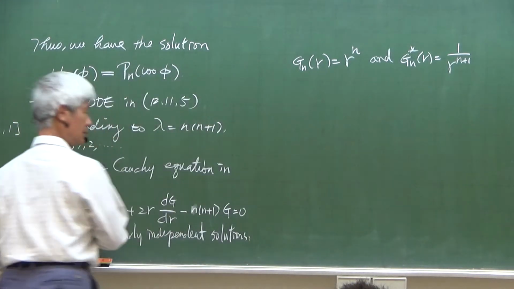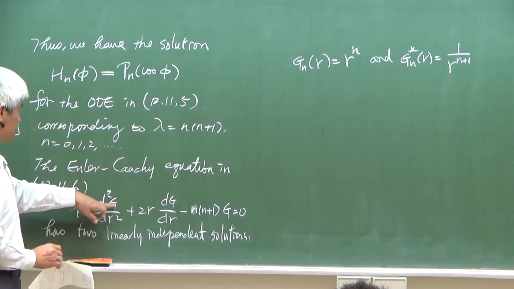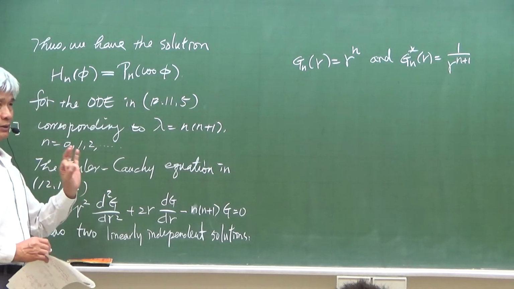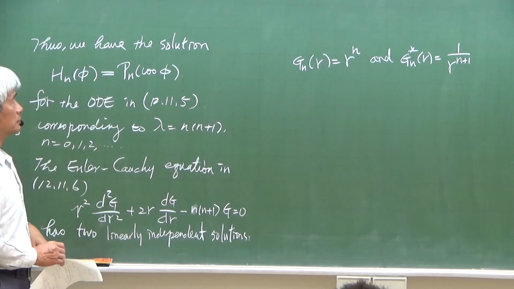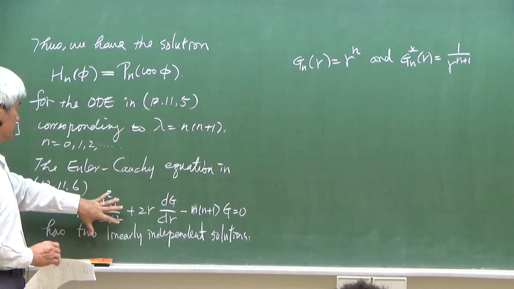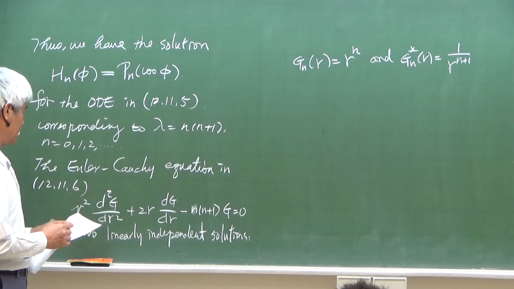Because when we studied the ODE and encountered the Euler-Cauchy equations, we know that the solution should be a power of r.